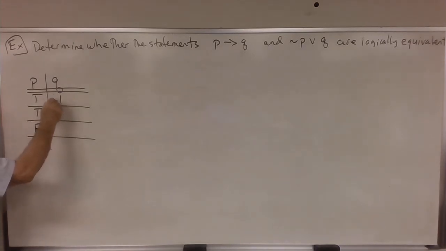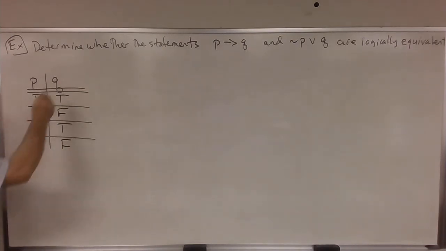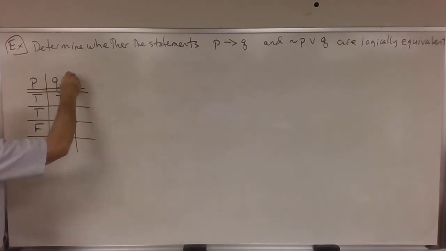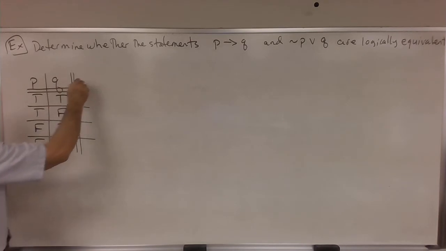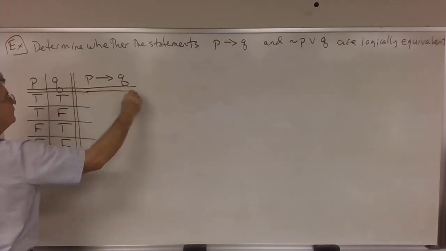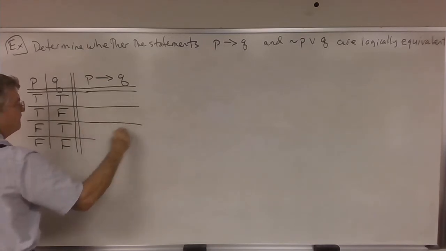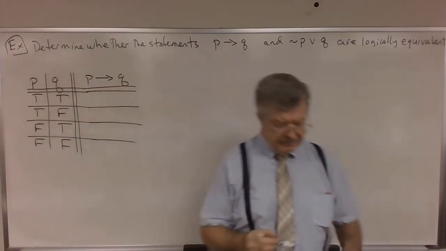For Q, we go true, false, true, false. And let's see, P implies Q. We've seen this truth table before, and we know it has a special case.